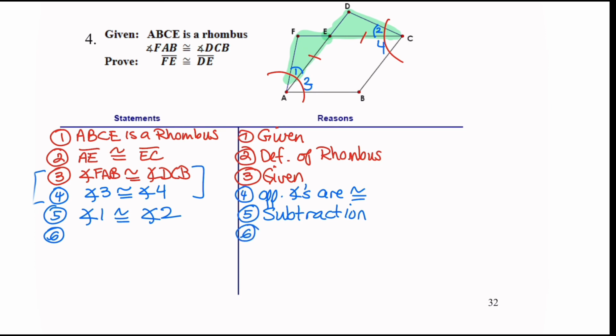Alright, so now we can also establish that since we have some lines here that form a pair of vertical angles up here, I could say that angle FEA is congruent to angle CED by way of vertical angles are congruent.